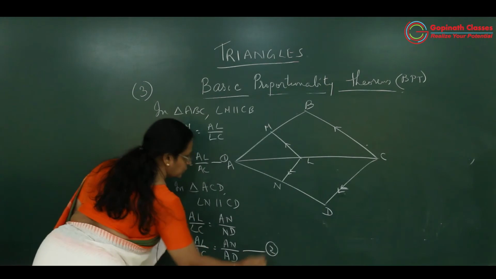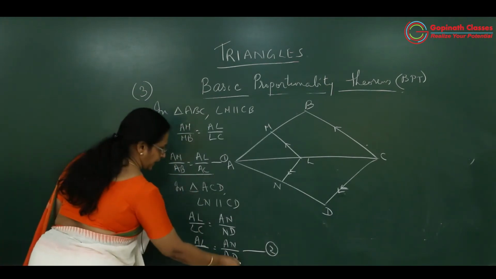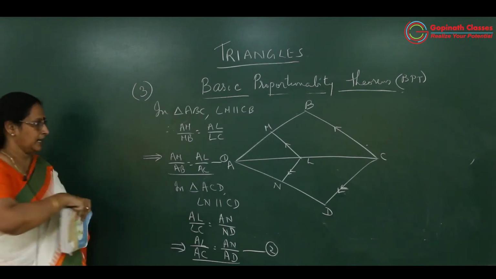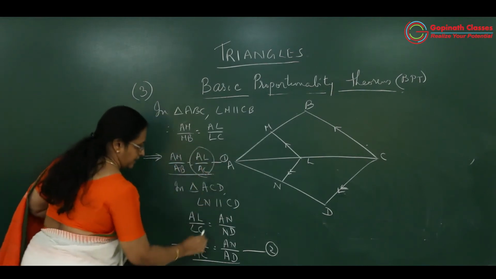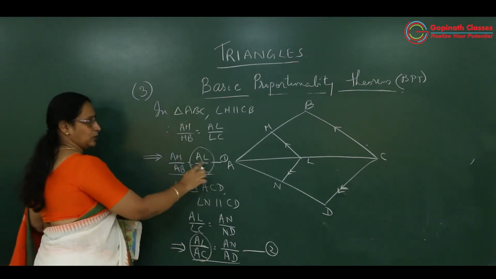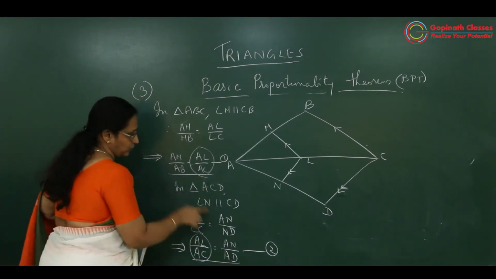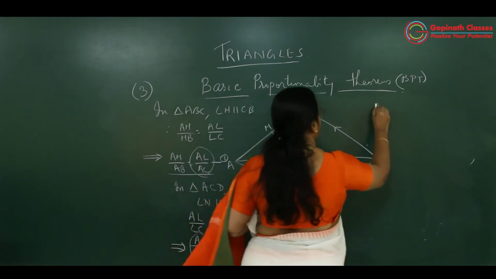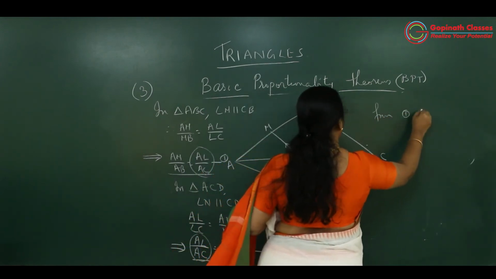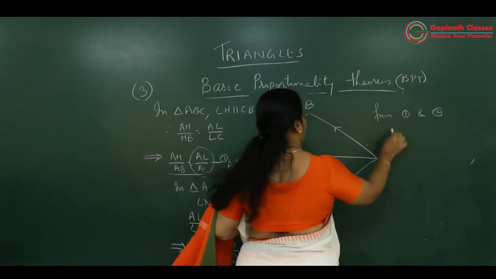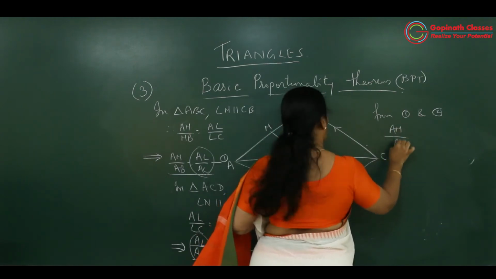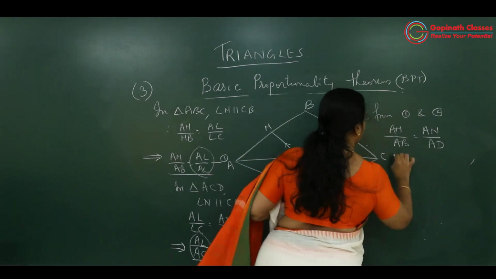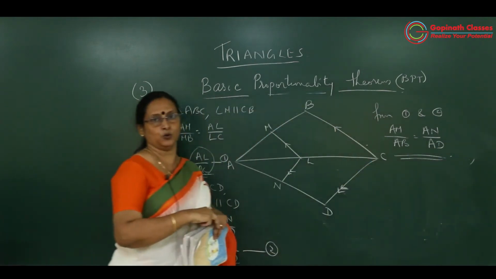This is statement number 2. Look at statement number 1 and 2. You can see in both AL by AC is same. This equal to this and this equal to this. So these two will be equal. From 1 and 2, we can write AM upon AB is equal to AN upon AD, which is proved.